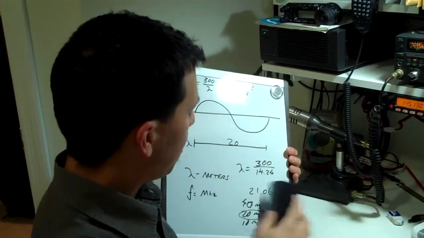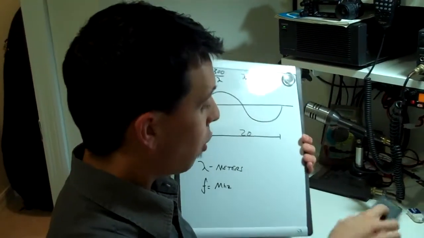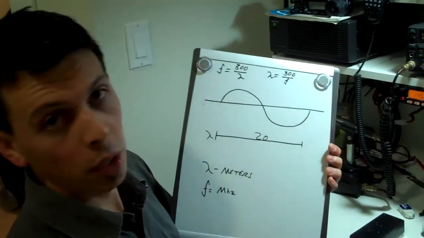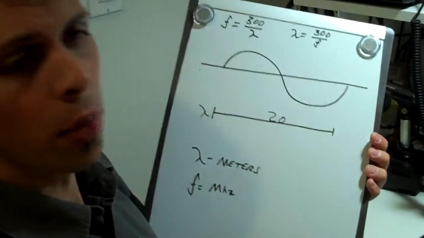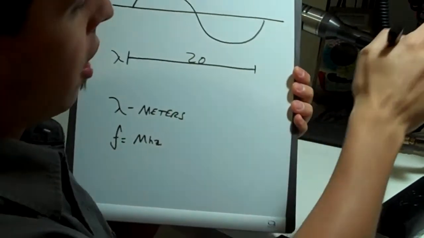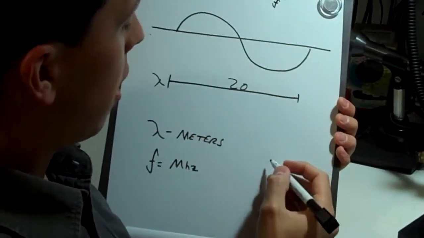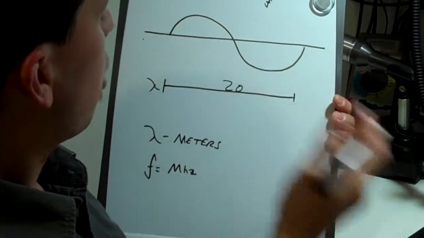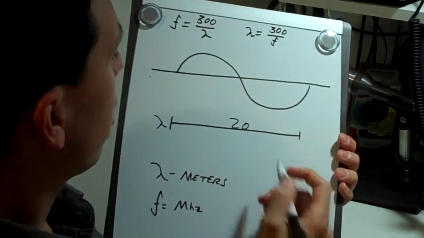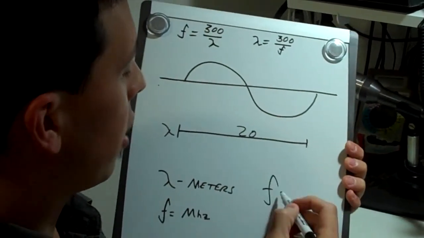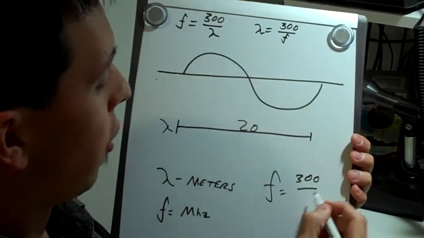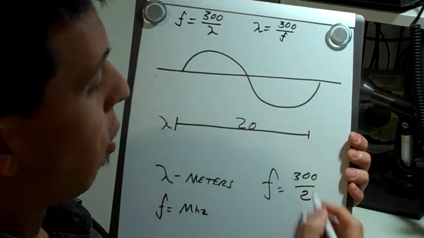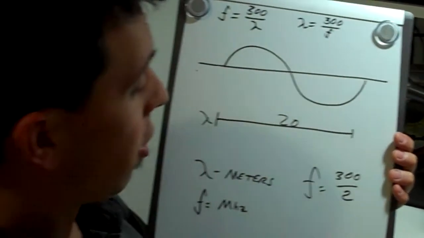And we can look at the opposite of this too. We could say, okay, if you're on 20 meters, what frequency range are you looking at? Well, let's do something more like technician class. Let's say we're on 2 meters. If we're on 2 meters and we want to know the frequency, well, frequency equals 300 over 2 meters, right? Well, that one we can do in our head. That's 150, right?